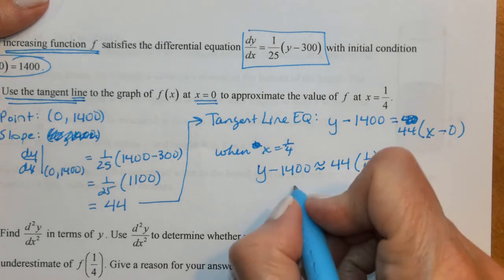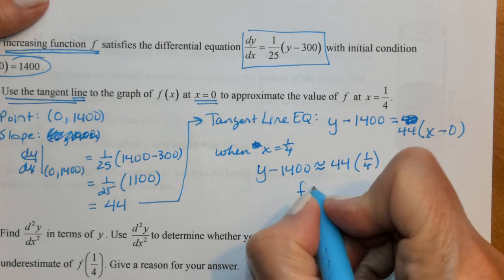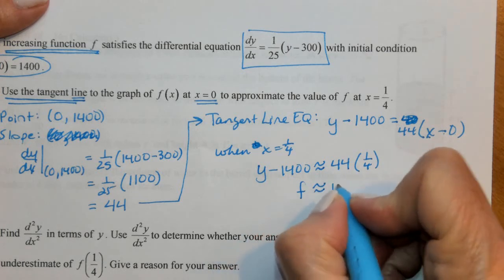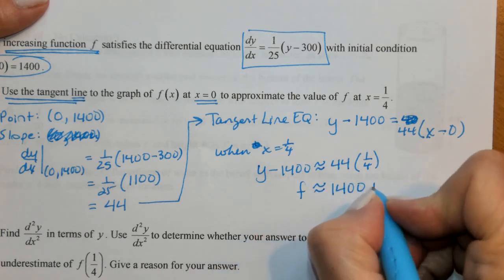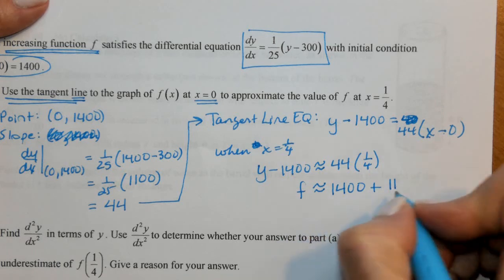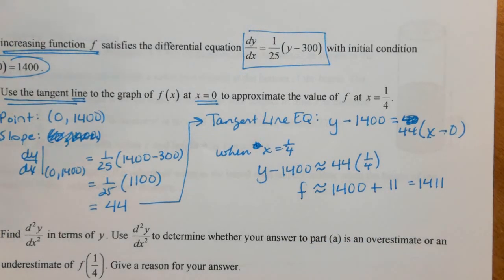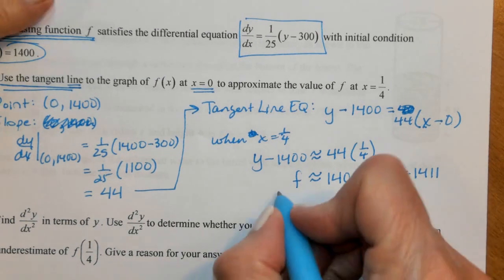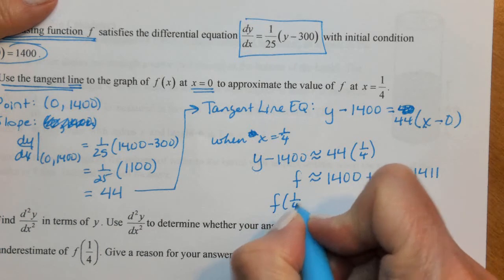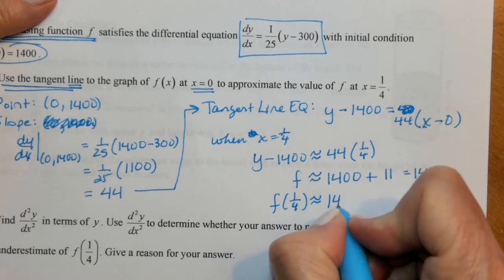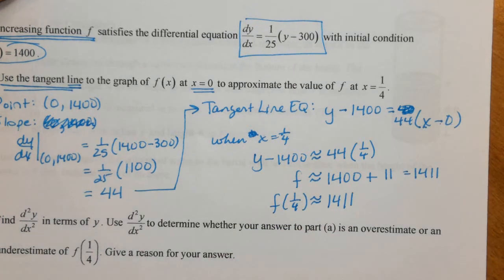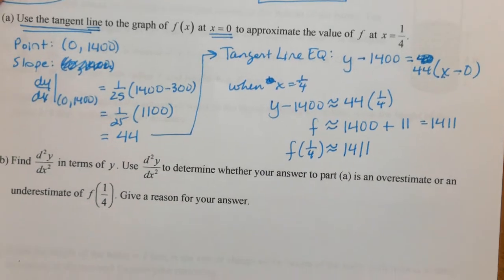Okay, so f will be approximately equal to 1400 plus 11. So f at a fourth is approximately equal to 1411 if I don't safe stop.